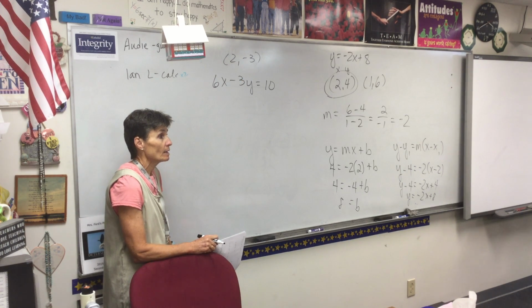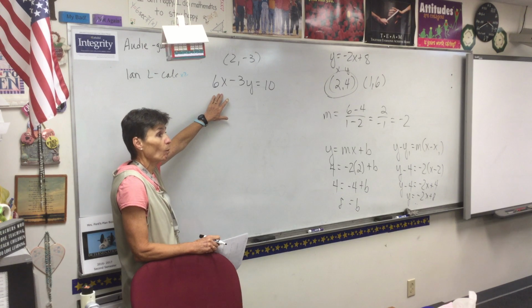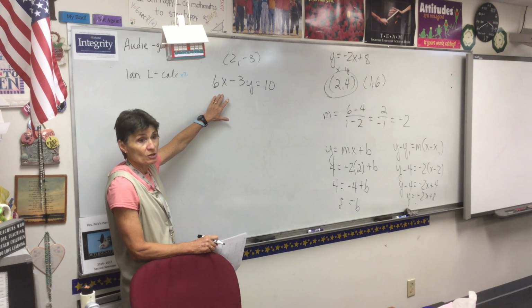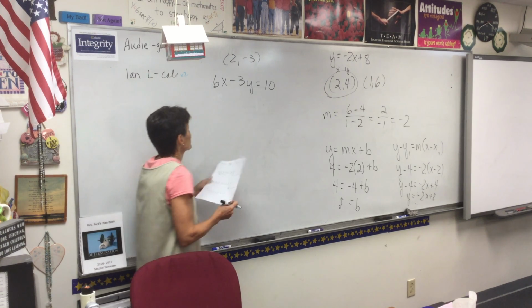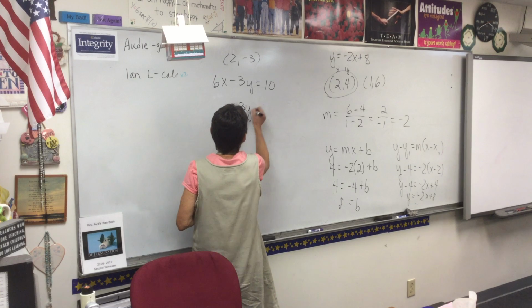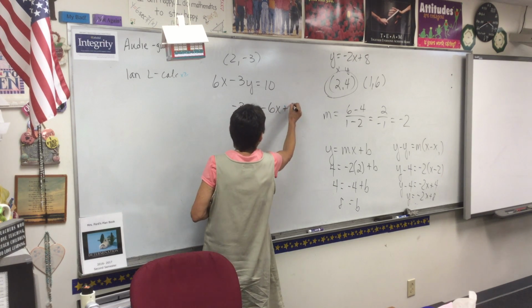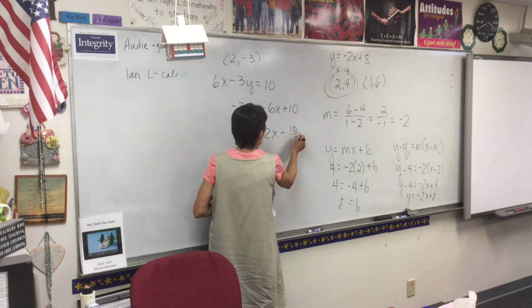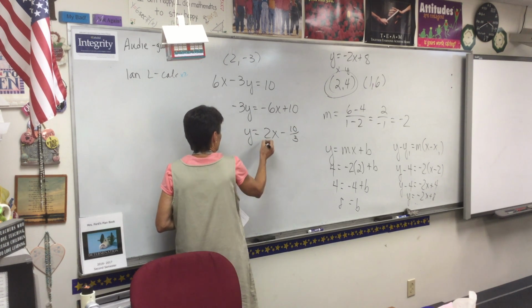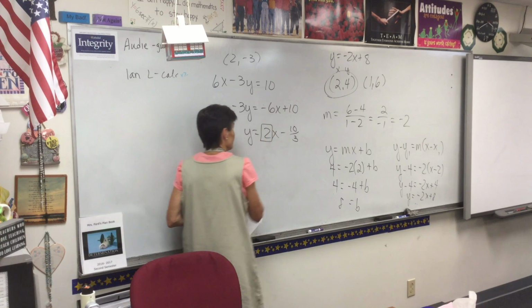Get y by itself, because if you get y by itself, then you'll know what the slope is, right? And parallel means same slope. So I'll get y by itself. I got a slope of 2.